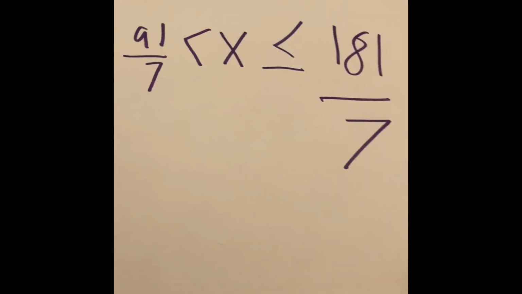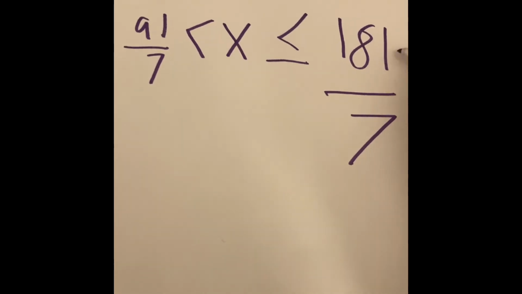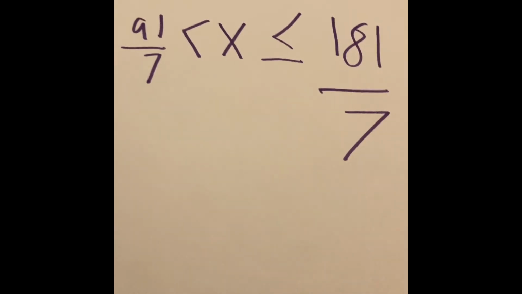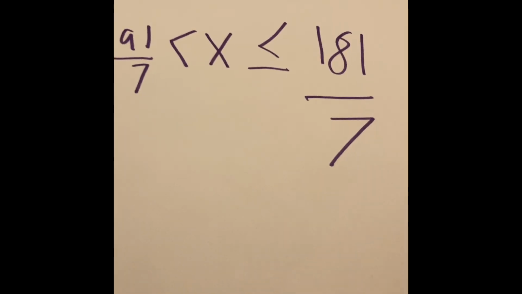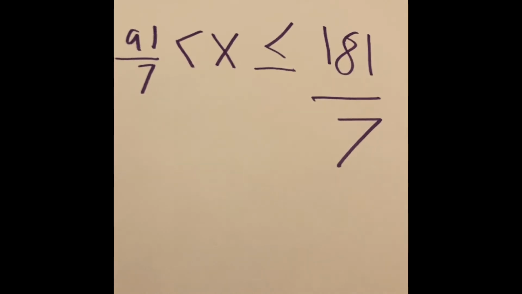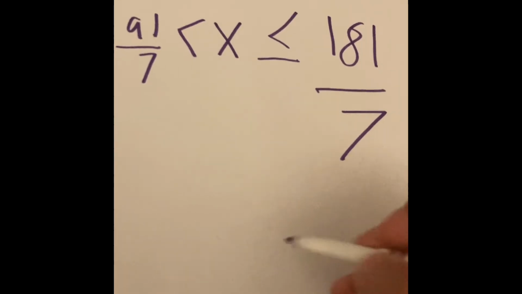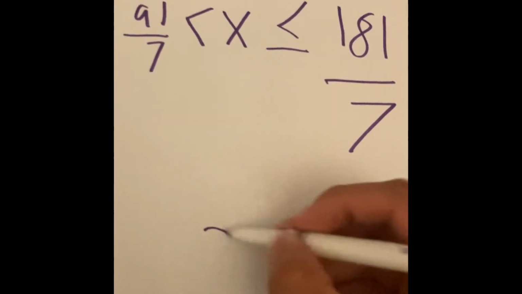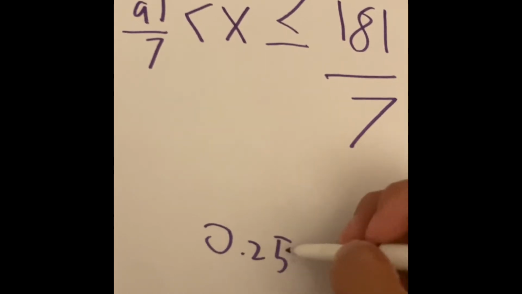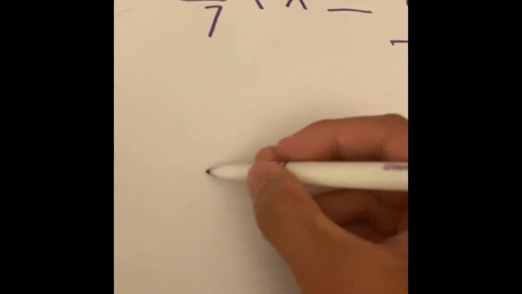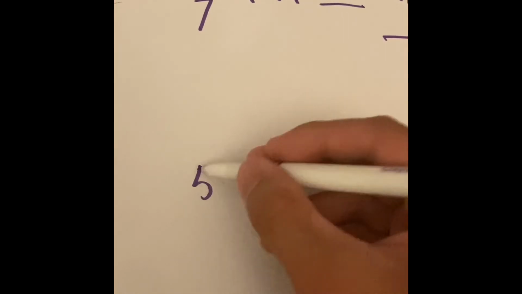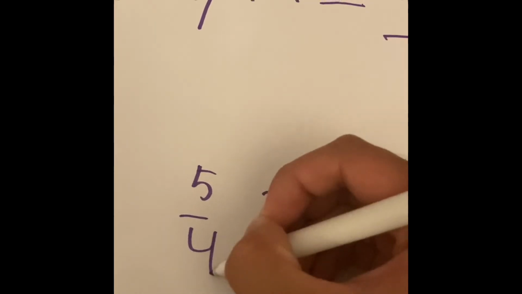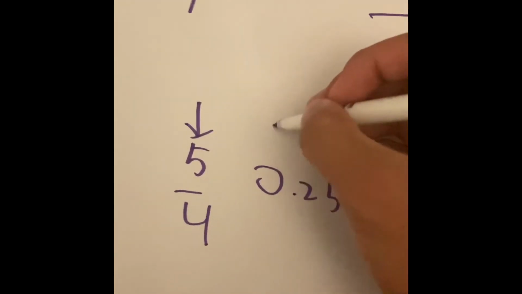If you're in high school and you come across a fraction, then your teacher is going to want you to leave it as a fraction. In middle school, your teacher wants it as a decimal like 0.25 or as an improper fraction like 5 over 4. So pretty much, in middle school, they want answers that are these.